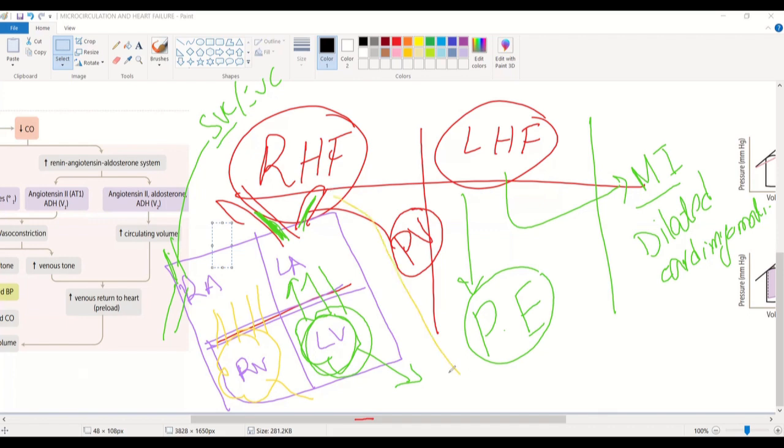Yes, increased JVP, and this back pressure will increase venous pressure in the liver. It may lead to hepatomegaly, right? And it ultimately leads to peripheral edema, right?